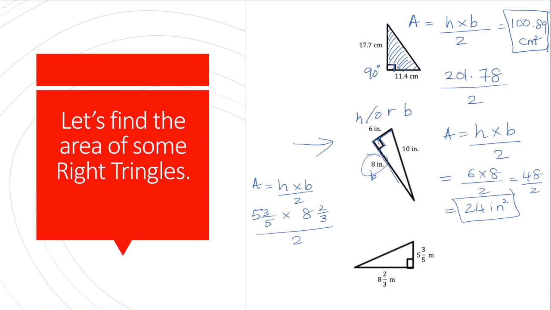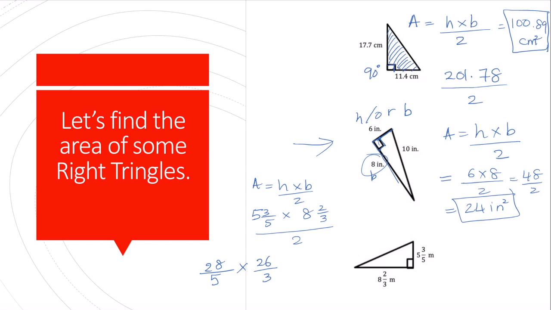Before I divide by 2, I have to do the multiplication. So I have to convert into improper fractions. 5 times 5 is 25 plus 3 is 28 over 5, times 8 times 3 is 24 plus 2 is 26 over 3.